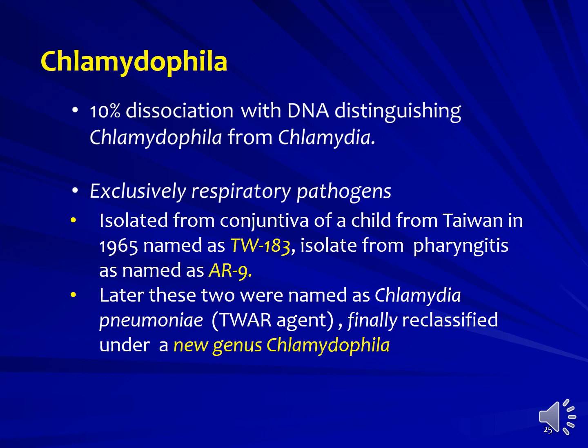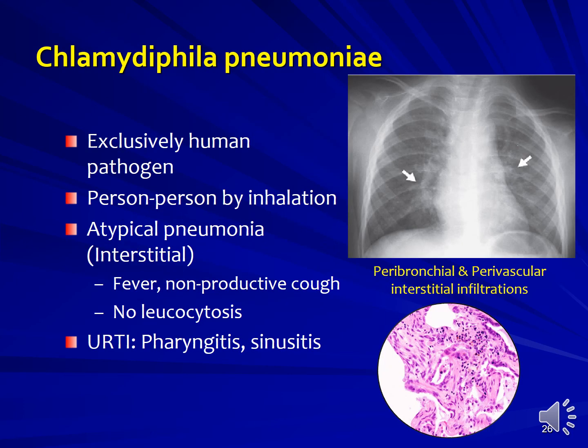Previously, it was believed to be Chlamydia psittaci due to the type of inclusion bodies produced, and later these two were named Chlamydia pneumoniae, TWAR agents, and finally reclassified under a new genus, Chlamydophila, from the Chlamydiaceae family.